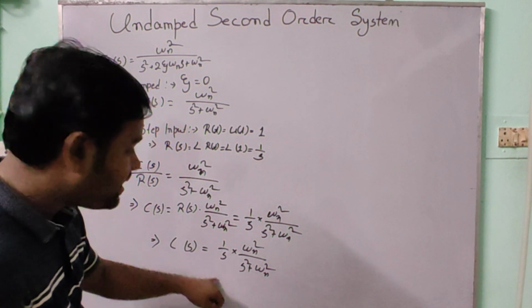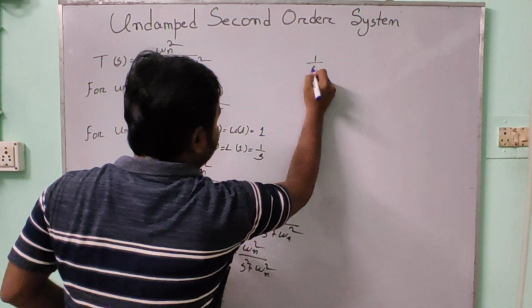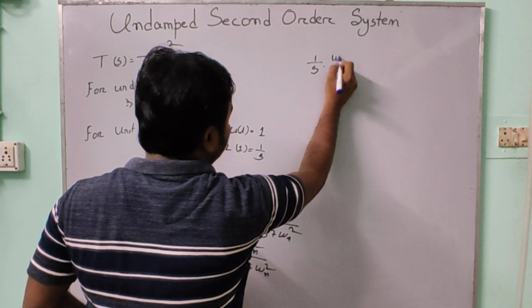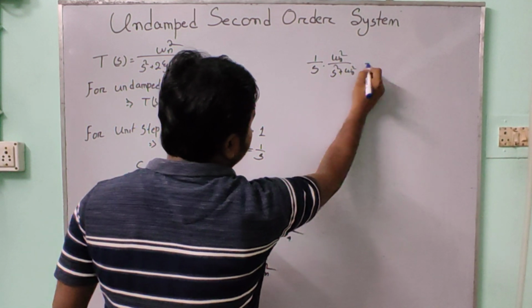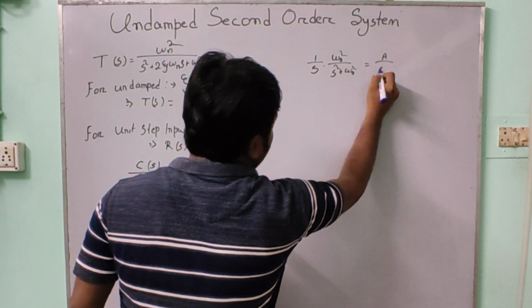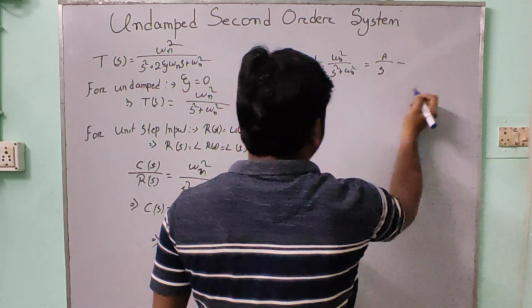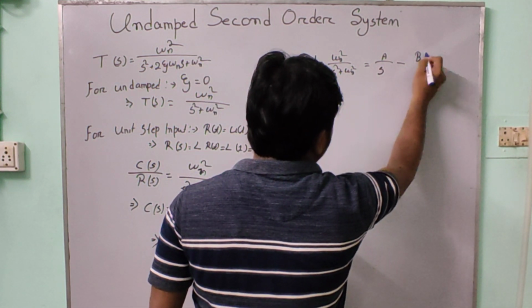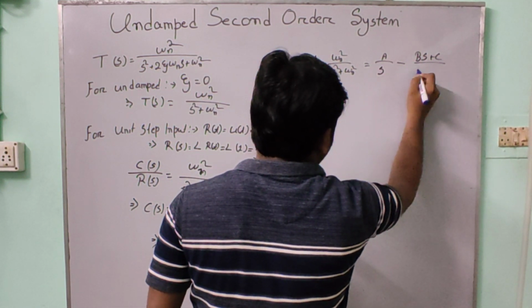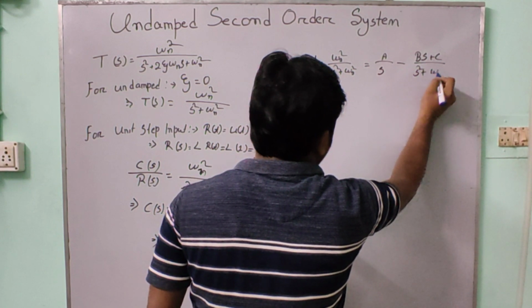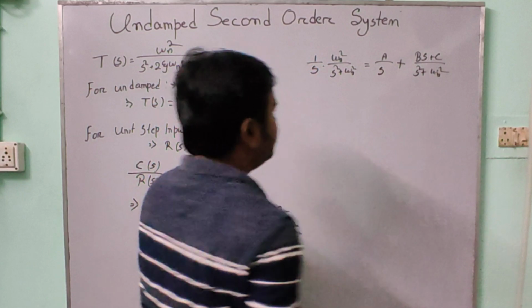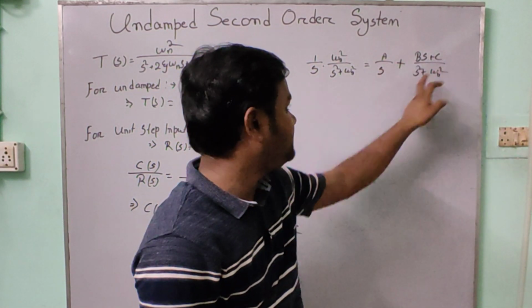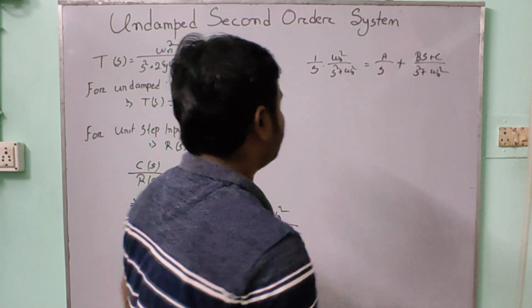By simplifying, 1 by s into omega n square divided by s square plus omega n square is equal to a by s plus (bs plus c) divided by s square plus omega n square.